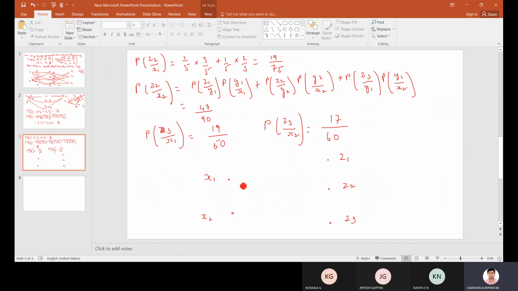For this, the value is 11 by 30. Again, this becomes 19 by 75. And it becomes 19 by 50.